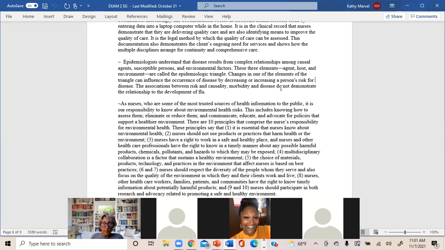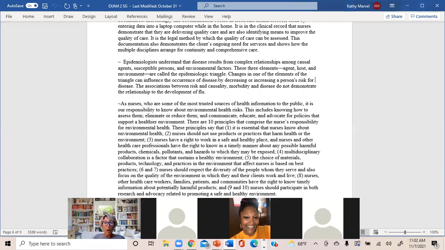Okay, so again, this is all about the triangle. The triangle has many different ways it presents itself. Okay, and we just need to be able to understand how each of these may affect each other.